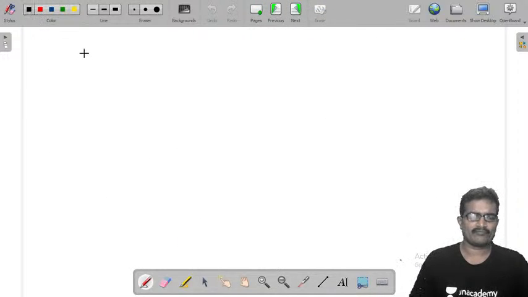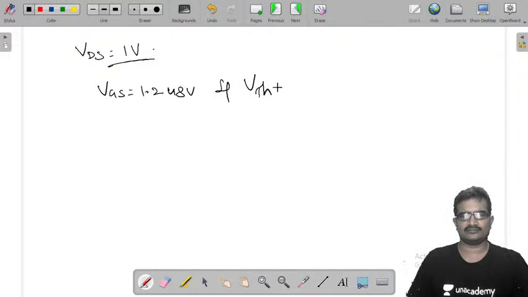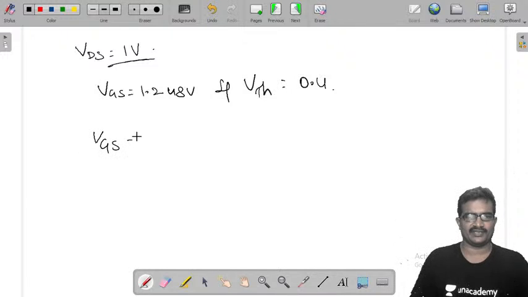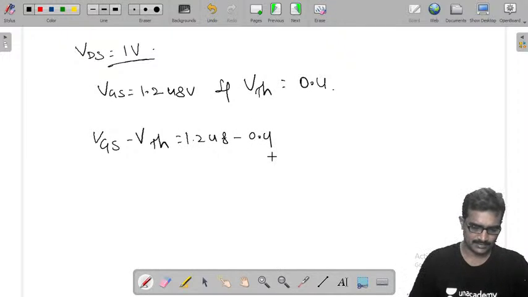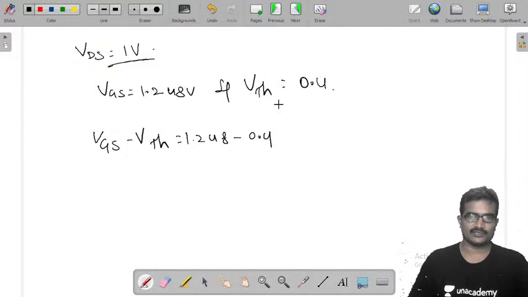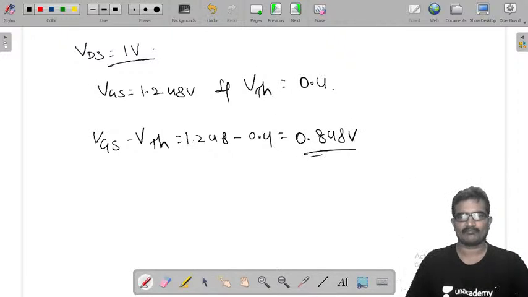Therefore, VDS we calculated just before is 1 volt. VGS is 1.248 volts, and we know the VTH value, that is 0.4. Now I am calculating VGS minus VTH. 1.248 minus 0.4 is 0.848 volts.